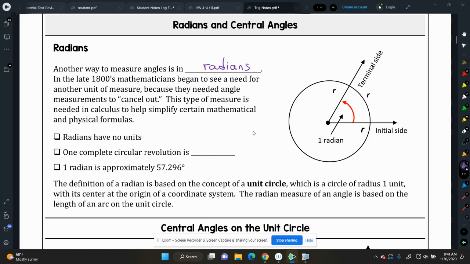We typically use what we call radian measure instead of actual degrees. Radians have no units. One complete circular rotation is 2 pi radians.